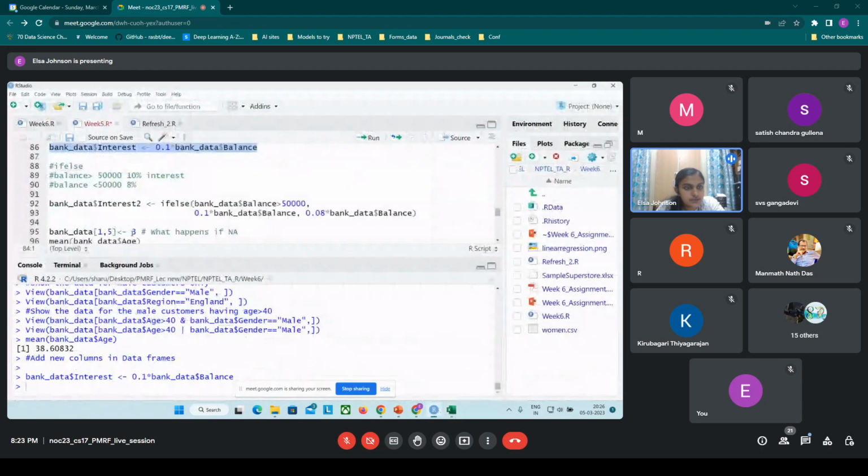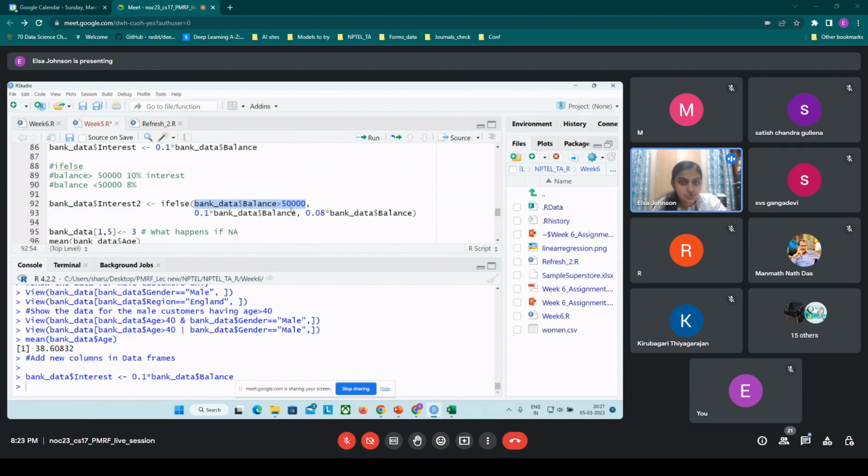Now, the if else statement, all of you know. In the previous weeks we had seen, if one parameter holds, it will execute some statement, else some other statement, like that we had given in the program. Now there is one function known as ifelse, already present, with test, yes, no. The condition is bank data balance greater than 50,000.